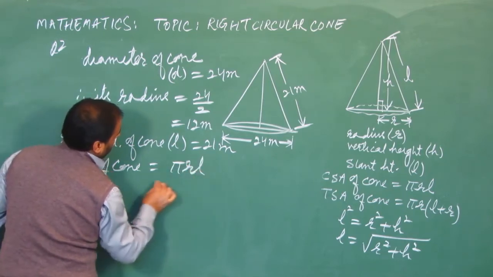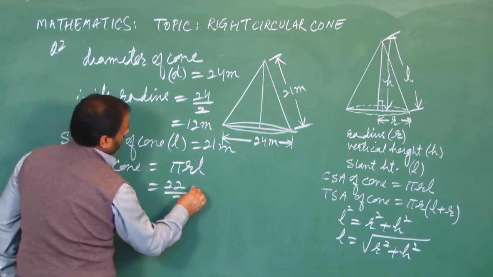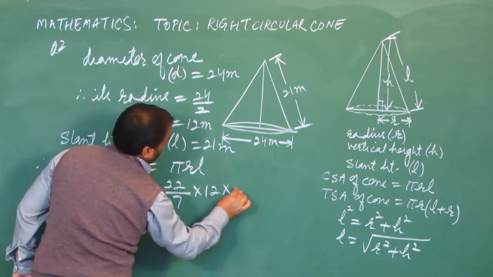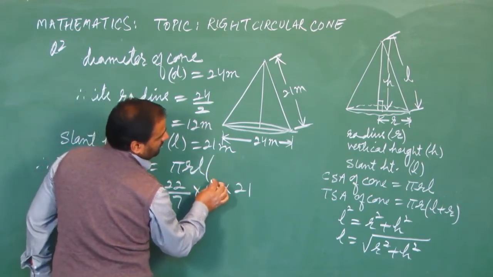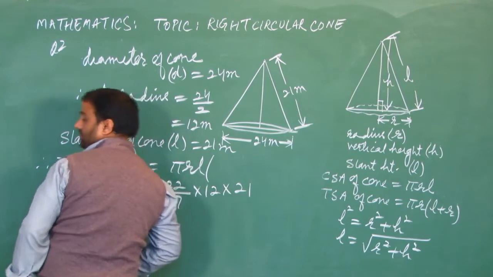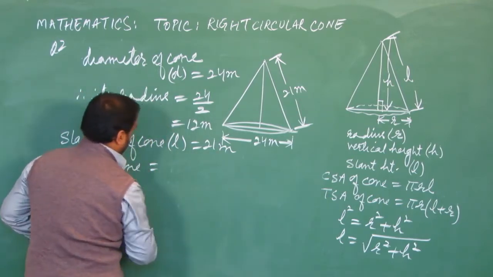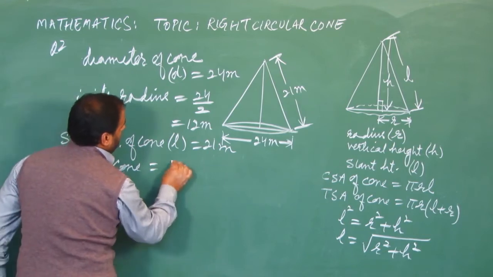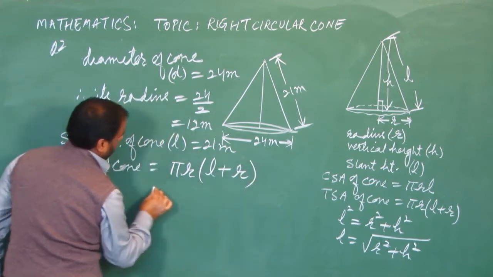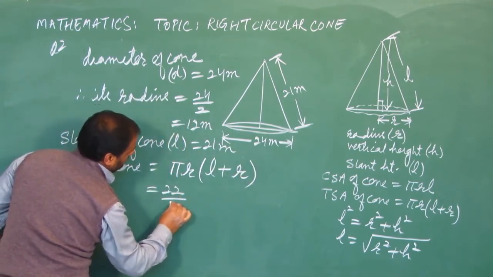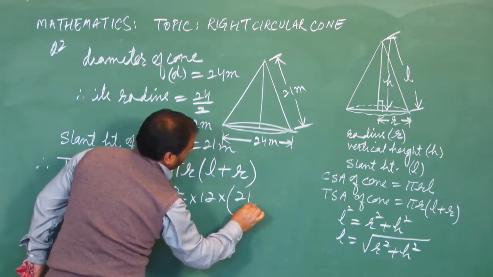pi r (L plus r), where pi is 22 by 7, r is 12, L is 21 plus 12.